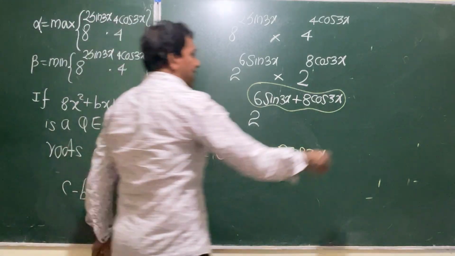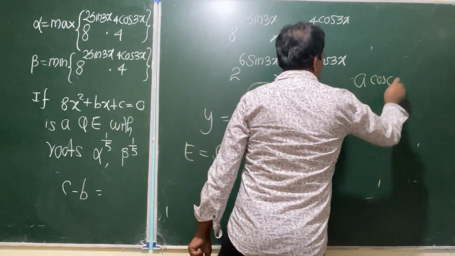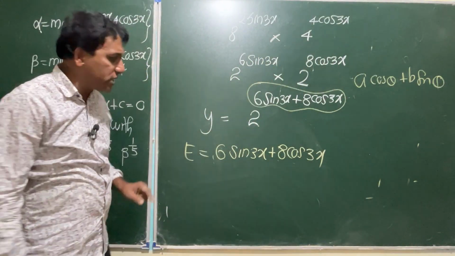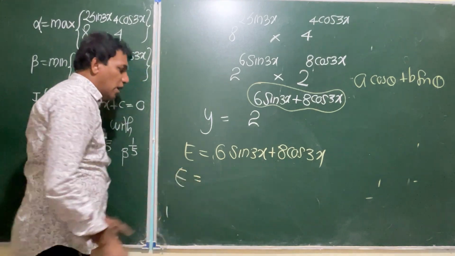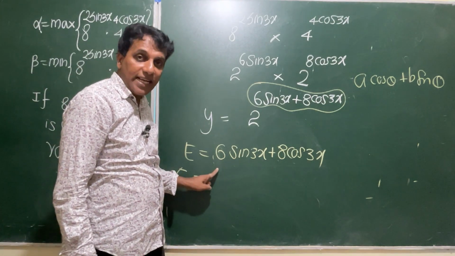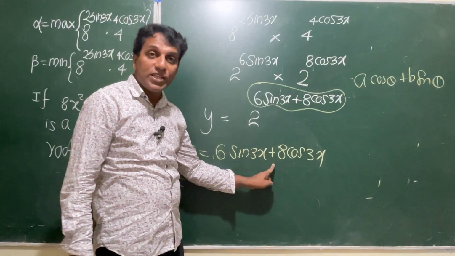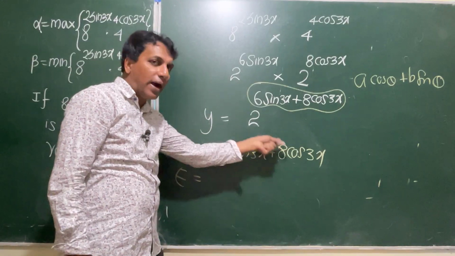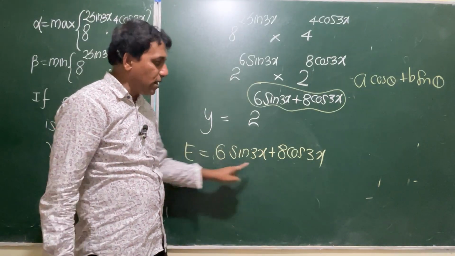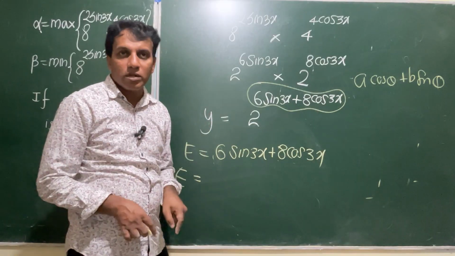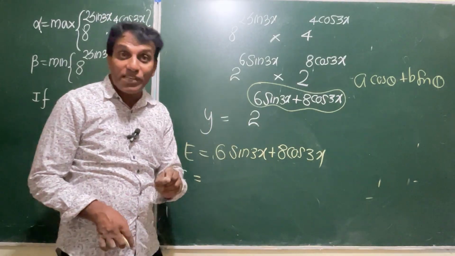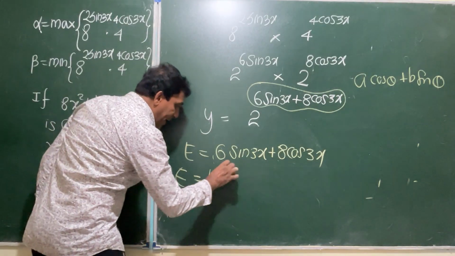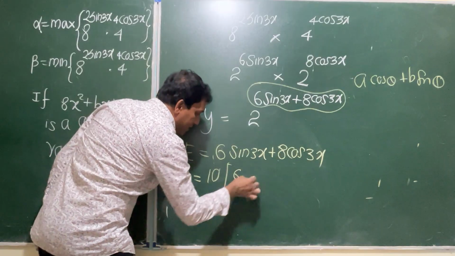For the general pattern, A cos theta plus B sin theta form, or A sin theta plus B cos theta form, take the sine coefficient squared and the cos coefficient squared, add them, take the square root, take it out and divide by it inside. 6 square is 36, 8 square is 64, added both is 100, square root is 10. Therefore take the 10 out and divide by 10.